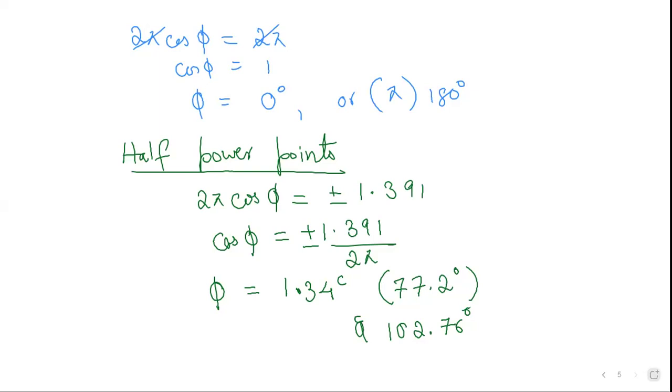Everybody okay so far? Minor lobes. Remember, for half power points we said the angle in the numerator was plus minus 1.391.